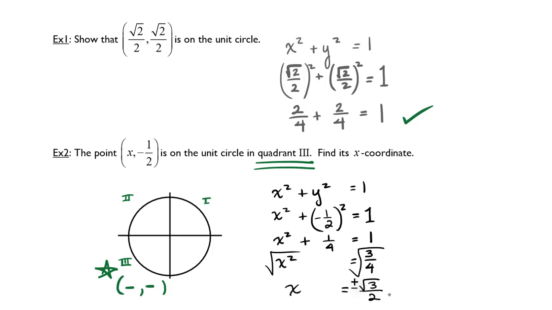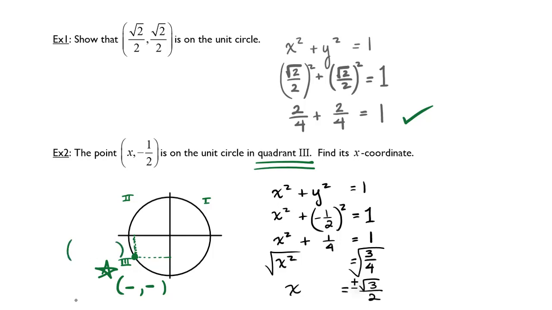We're squaring the x and we're squaring the y. So if I want something in the third quadrant, my x needs to be negative and my y needs to be negative. That means that I will have negative root 3 over 2 and negative 1/2. So this is approximately where my point on the circle is.